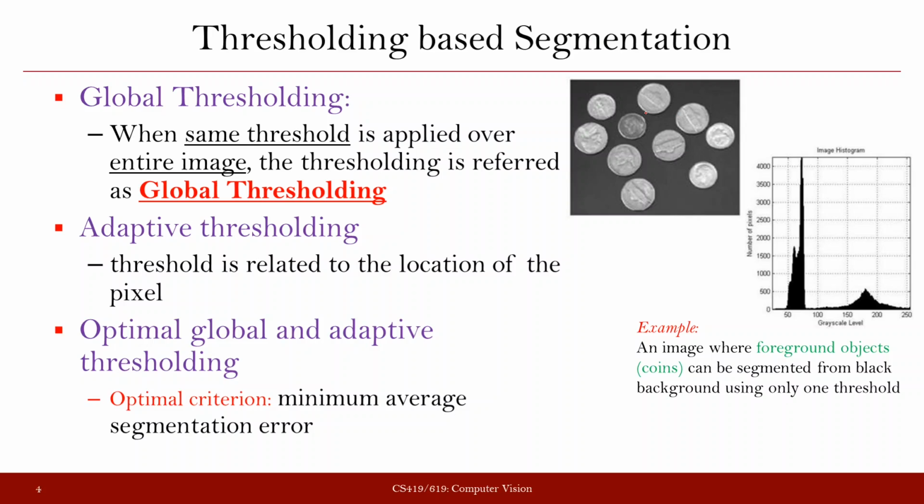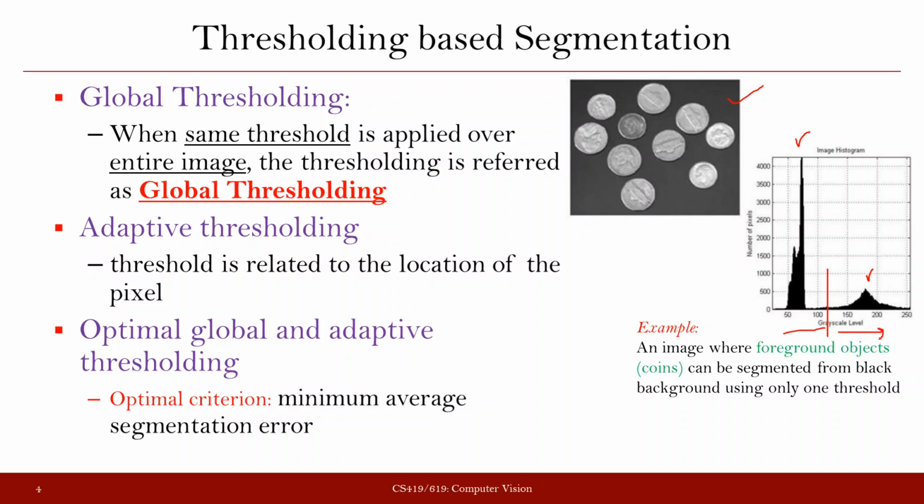For example, in this image there are some portions which are white and some which are black or dark. When we plot its histogram, we get two peaks, one here and another here. In this scenario we can put a threshold on the intensity and say that anything below this intensity is one segment, and anything above this intensity is another segment.